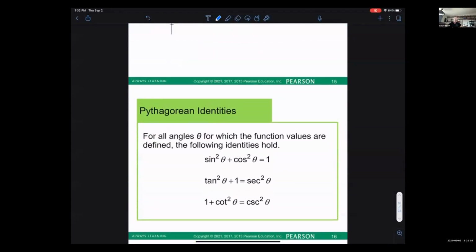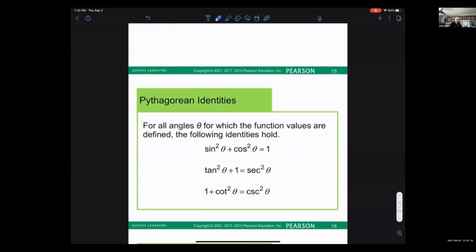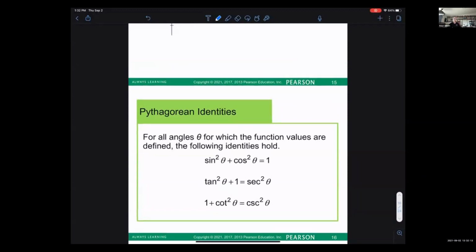All right, so let's finish up now. A little over 10 minutes. So we can look at Pythagorean identities. Because of the way sine and cosine are defined, we can create equations that relate these function values together. For example, I defined sine and cosine as the x and the y values of a point on the unit circle.